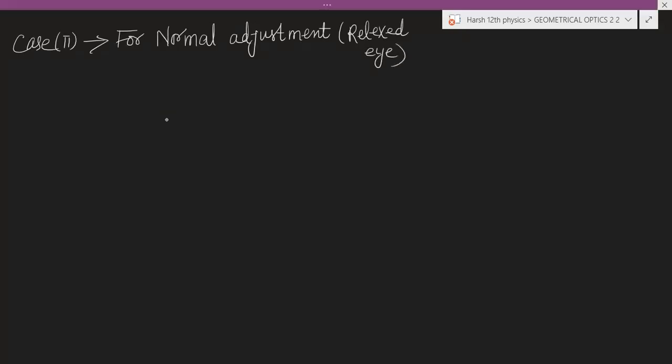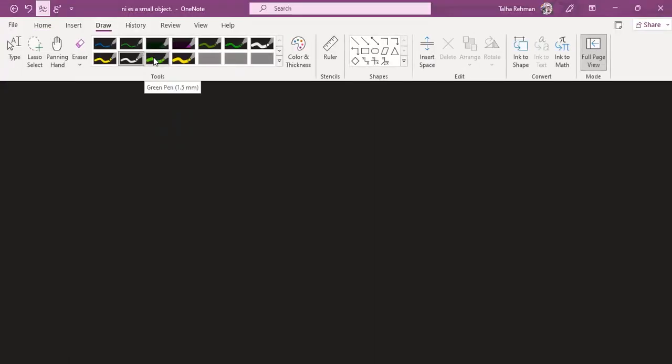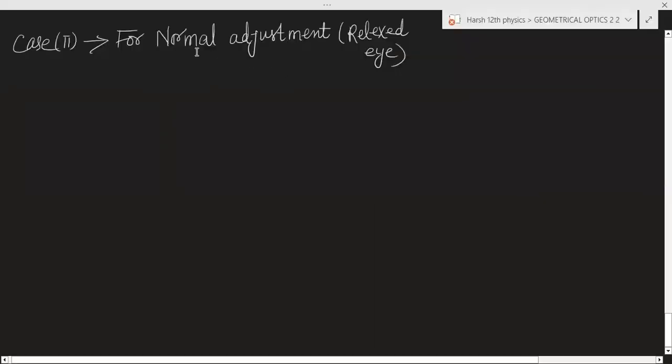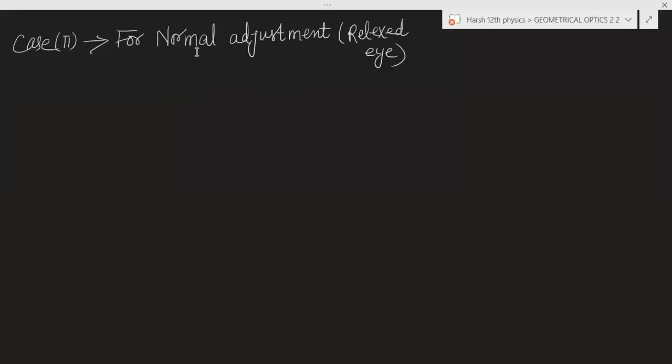In this case you have to remember, when our eyes are relaxed, we see the objects in an easy way. So the final image in this case should be formed at infinity.